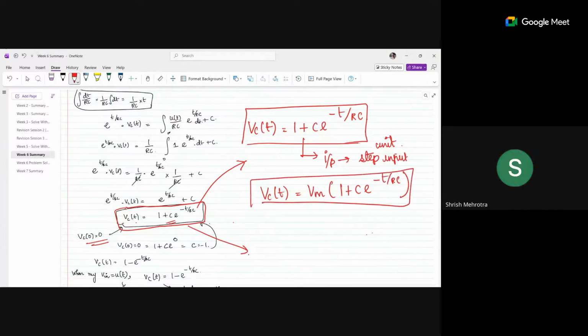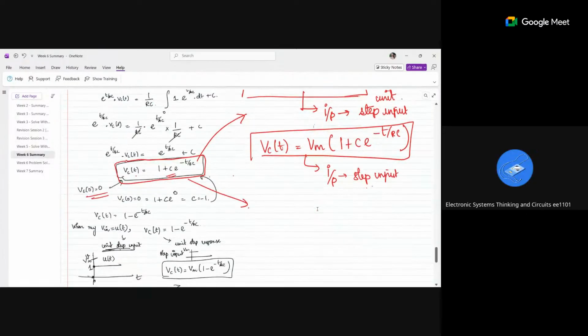Ma'am, if Vm is basically the step input, how much is the value? That 5 volts. If the input is a unit step input, you just take Vm equal to 1. If the input is a step input of some value, you will consider that value as Vm.